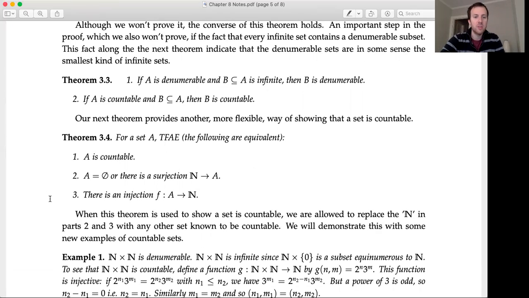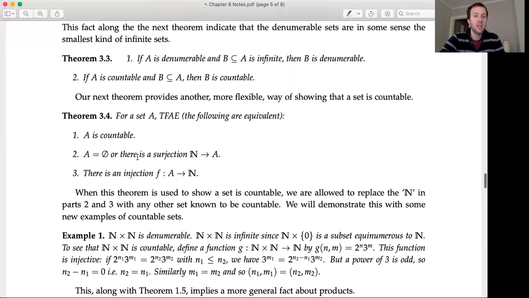What provides even more flexibility is that being countable, so denumerable or finite, is equivalent to there being an injection from that set into the natural numbers, or a surjection from the natural numbers to A, or A is the empty set.